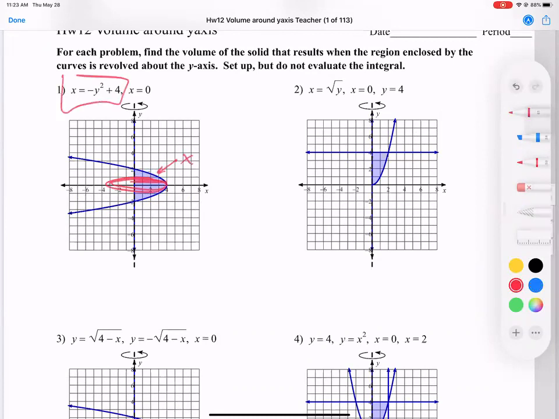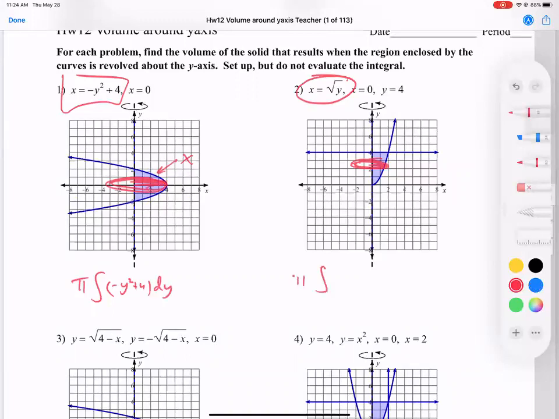They gave me the equation for x. Spinning this way, my r is an x value. They set me up perfectly. So these equations are ridiculously easy. It's just a circle pi r squared, where r is negative y squared plus 4, because that's the distance right here. On my right, oh, sorry, dy.